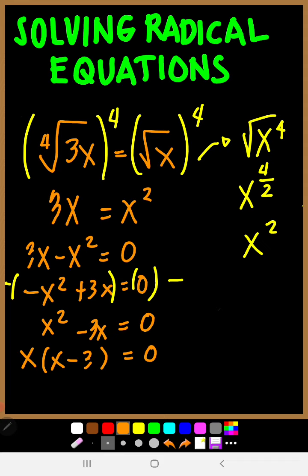Apply zero product property wherein you equate the two factors to 0. So, yung unang factor is x. So, x equals 0. Yung isa, x minus 3 equals 0. So, ang x niya is equal to positive 3. Okay. So, there you have it. That is how you solve radical equations.